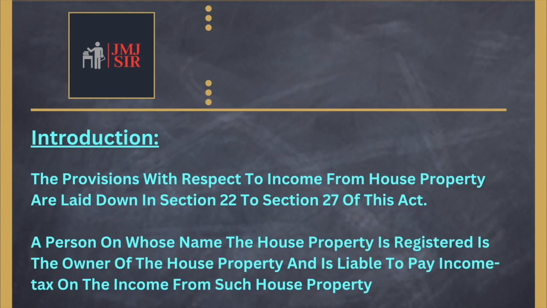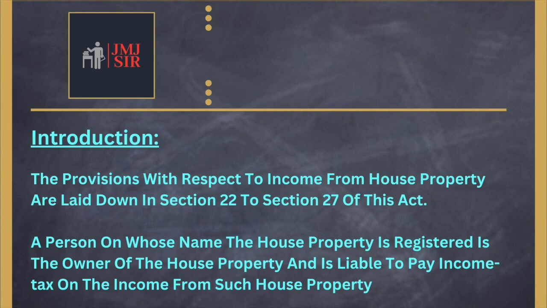The introduction for the chapter itself is here. The calculation of the taxable income under the head house property is laid down under sections 22 to 27 of the Income Tax Act.